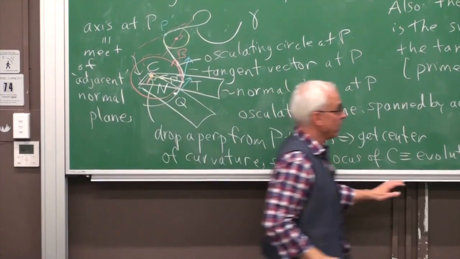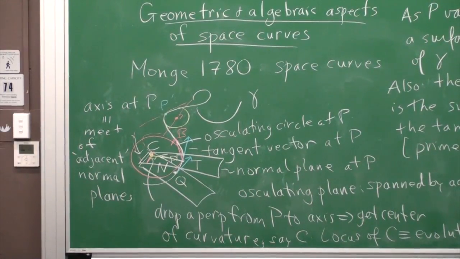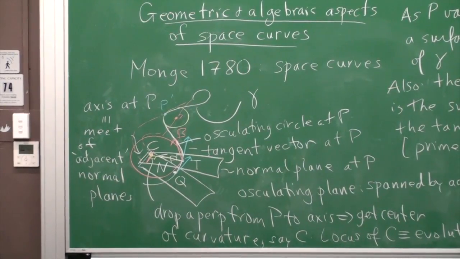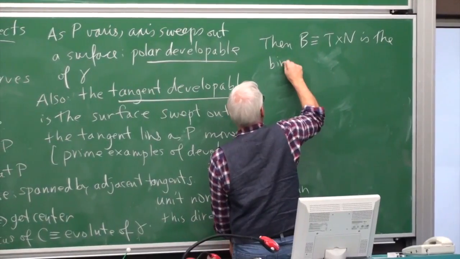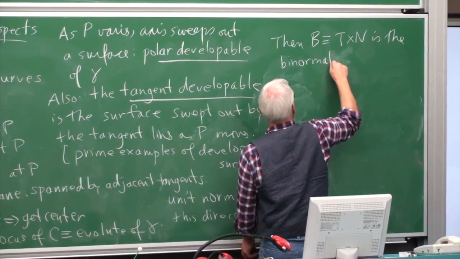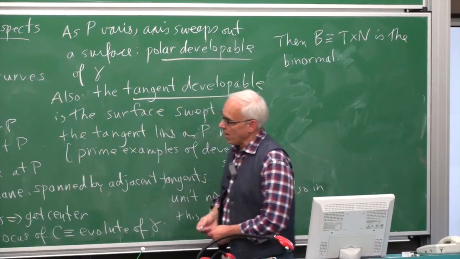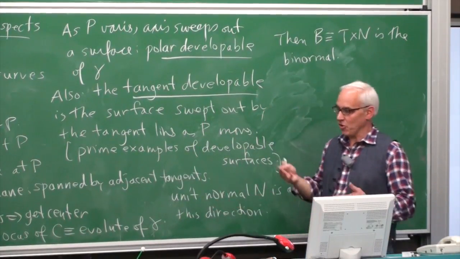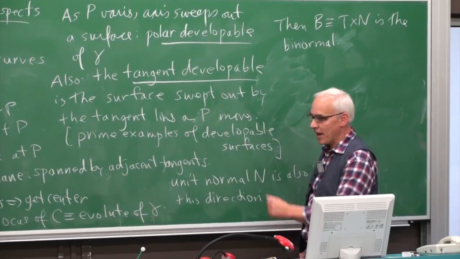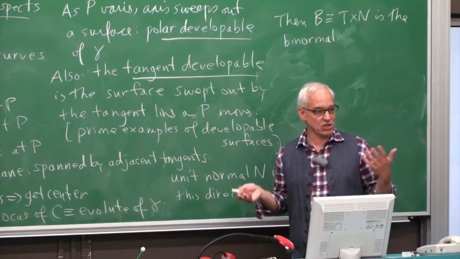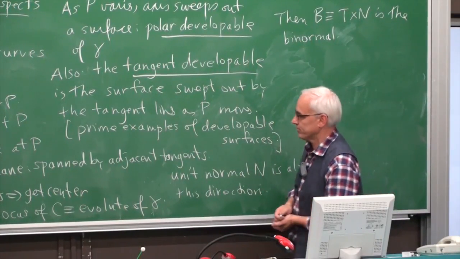Then B, defined by t cross n, is the binormal. All right, so Monge had the various ingredients of the Frenet formula, but in a different way, not thinking about a unit speed curve, but just thinking geometrically about properties of a space curve.